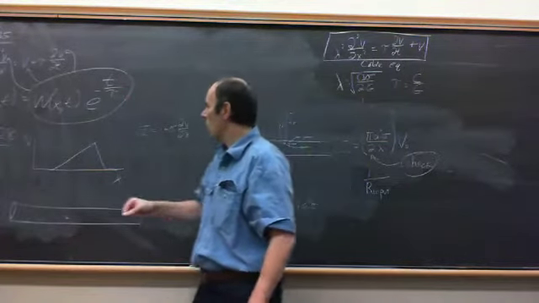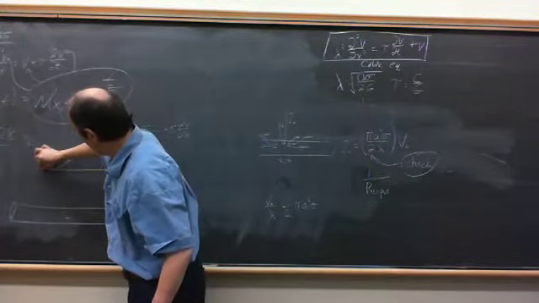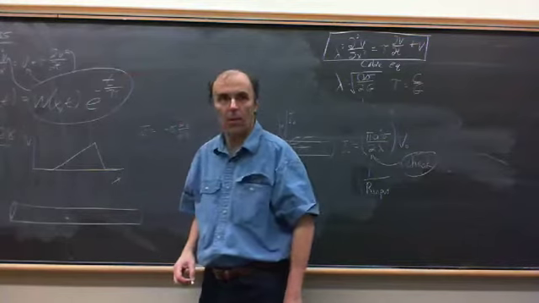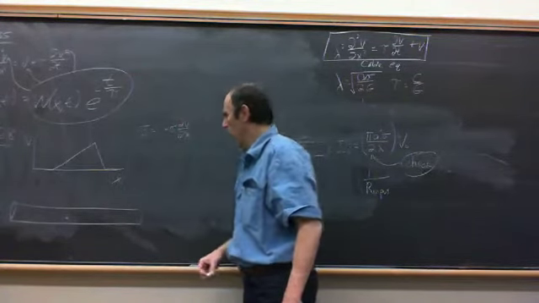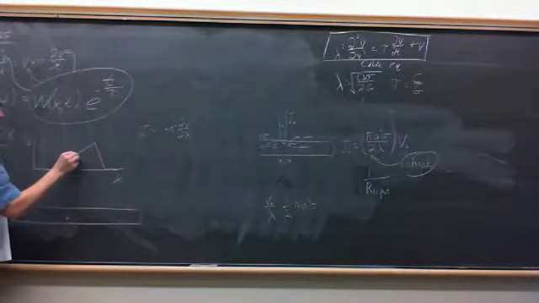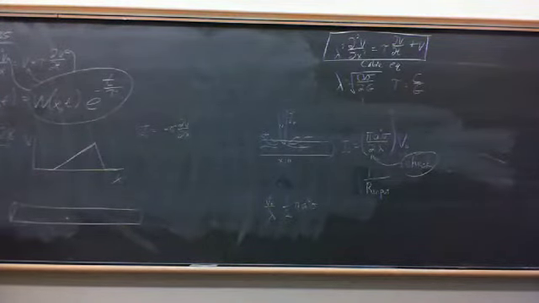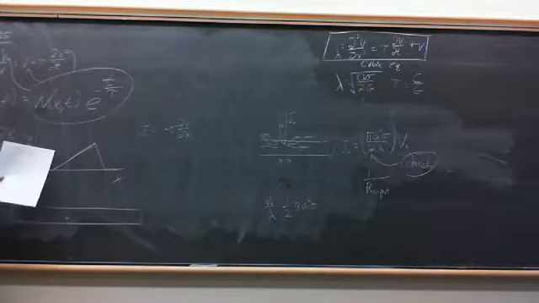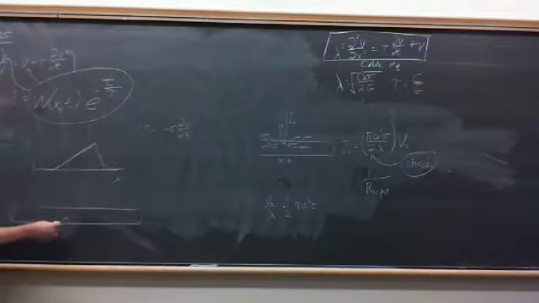In regions where dV/dx is flat, you're getting zero current. In regions where dV/dx is increasing, and this is nice because it's a straight line, you get a constant current that, with the minus sign here, goes to the left. So you're going to have a current going this way.